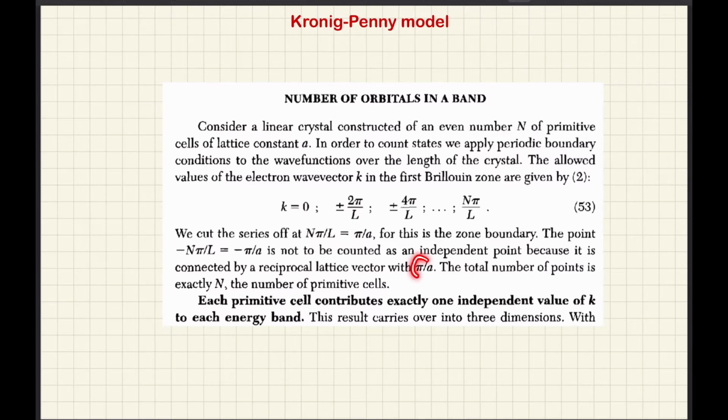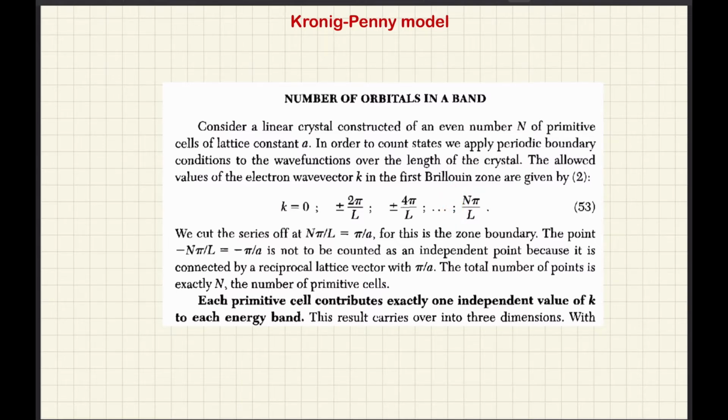So this cannot be counted as a distinct value. The total number of points is exactly n. Even though k can take plus or minus values, the minus sign value is not counted here.